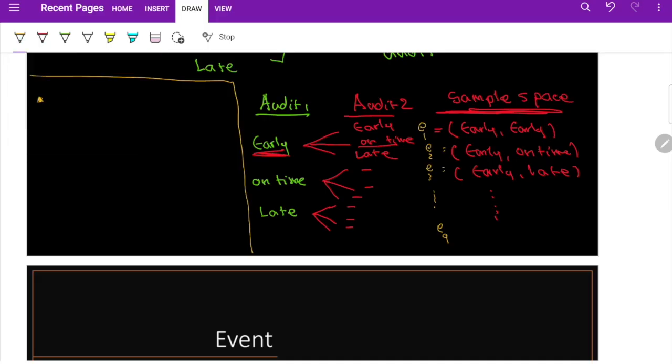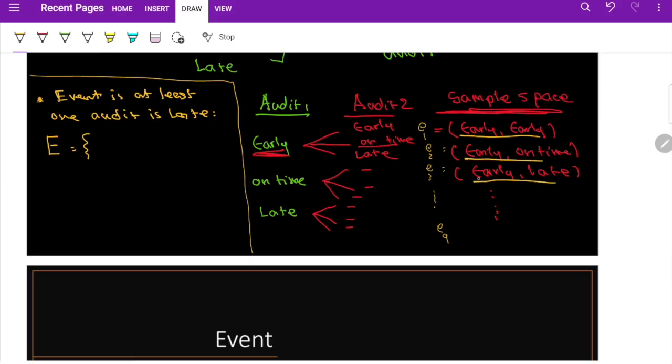Suppose in this problem, our event is that at least one audit is late, because we need to do more investigation. So which outcomes give you at least one audit is late? So this is my big event E. We check them. E1, do we have one of them late? No. E2, any one of them late?